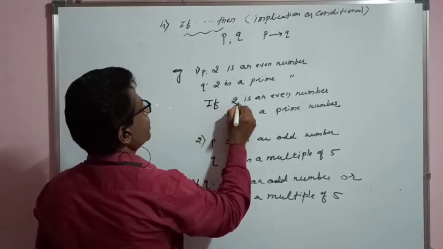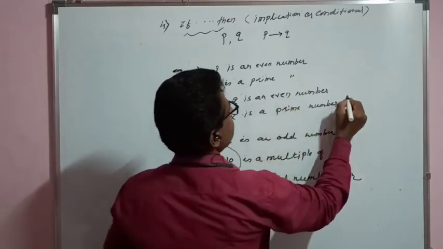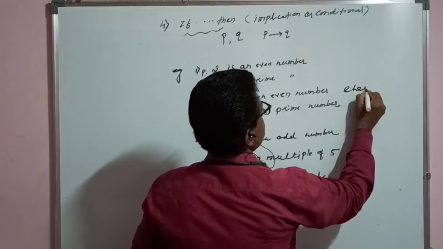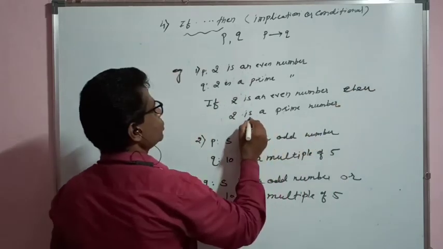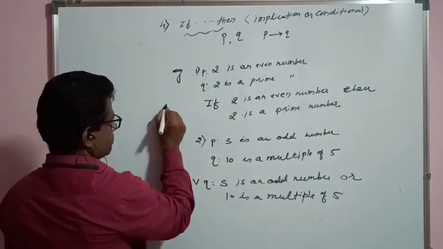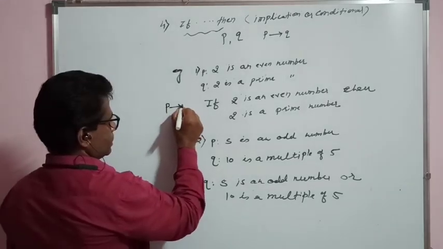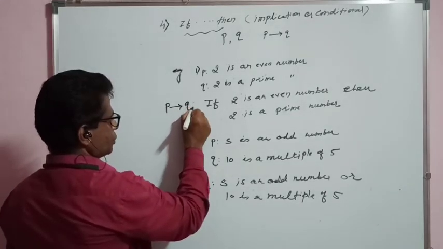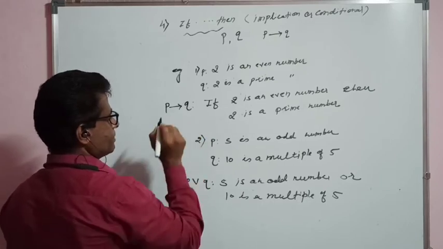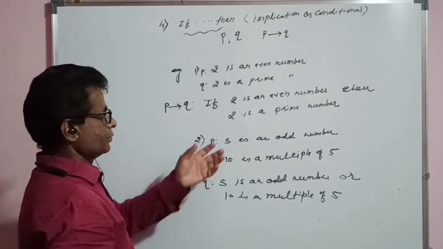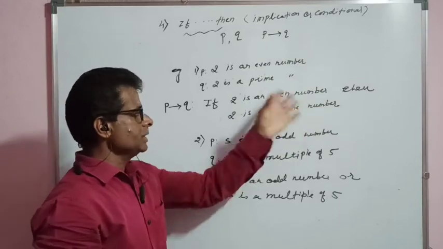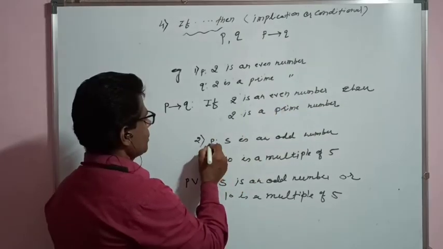If 2 is an even number, then 2 is a prime number. Symbolically represented by what? P arrow mark Q. P conditional Q or P implication Q. Take one more example.